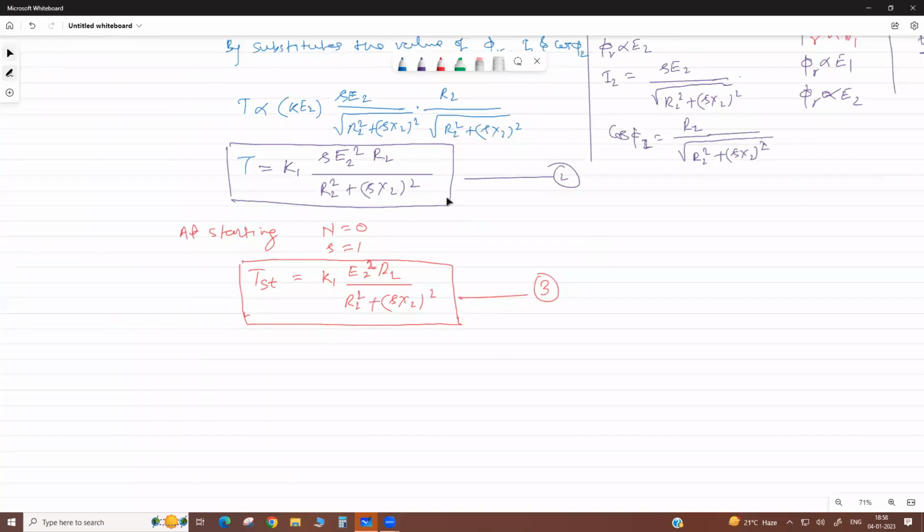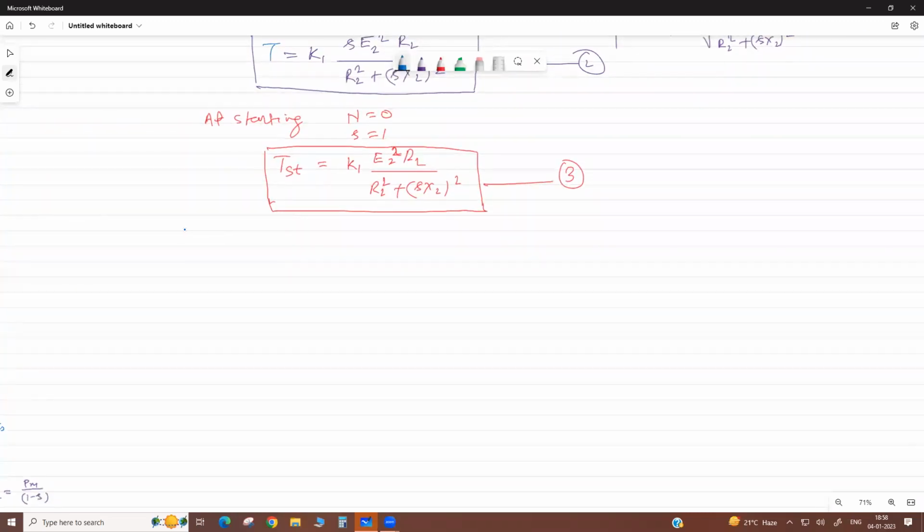Now, under running condition, when the motor is running with slip s, or maybe at full load, there is a full load slip, which we write as FL.